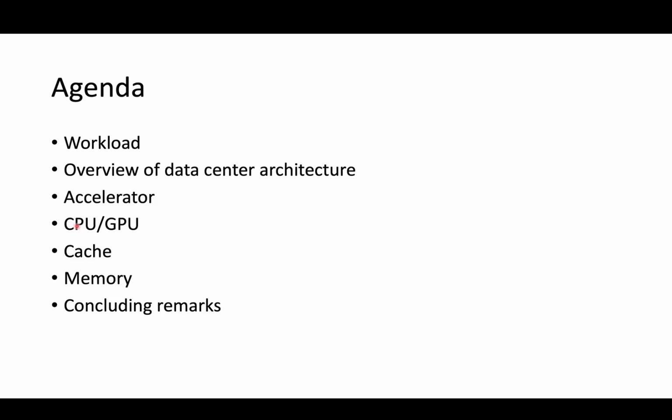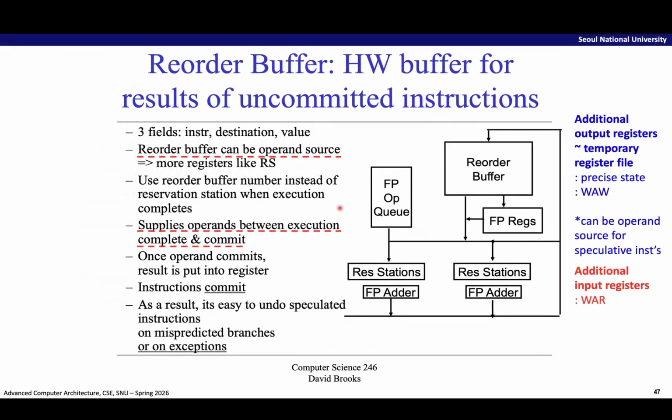And we studied the conventional ideas of CPU and GPU architecture, cache, and memory. In the case of the CPU, we studied out-of-order architecture. Here we have a very simplified architecture of an out-of-order core. The out-of-order core is based on basically two key ideas.